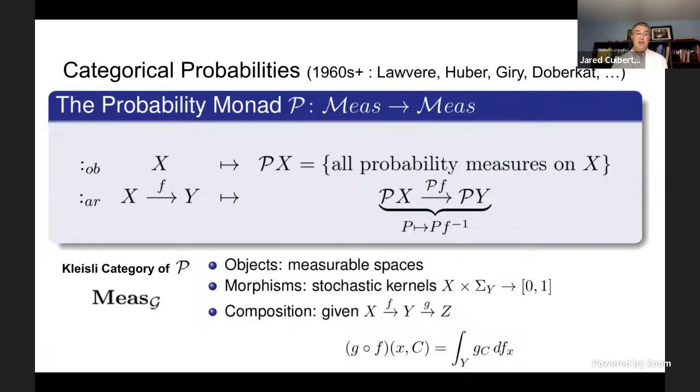The objects are, again, measurable spaces, but the morphisms are sometimes called stochastic kernels, or regular conditional probabilities: you take a set in the sigma algebra on the codomain and pair it with a point in the domain, and get a probability out of that. Composition is given by marginalizing over the intermediate space. And so this all works very nicely.